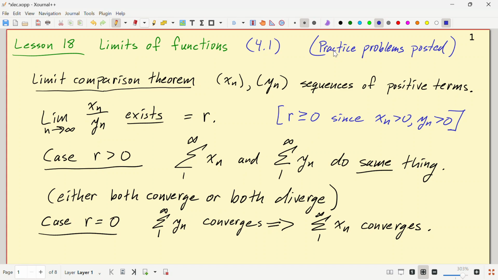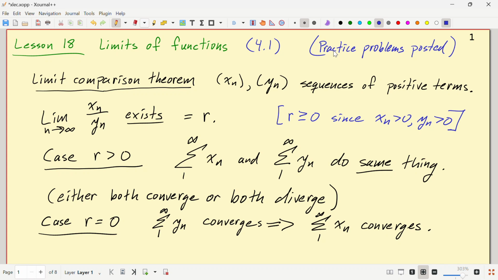And so the tail end of the series would do the same thing. If one of them was infinite, we'd expect the other one to be infinite. So they'd both diverge. And if one was finite, we expect the other one to be finite, which means they have to converge, because a sequence of increasing things bounded above has to converge. So in the case that r is positive, they do the same thing.